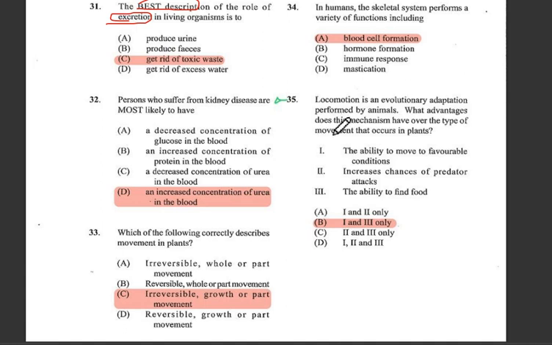So they're talking about locomotion, an evolutionary adaptation performed by animals, and what the advantages are. The advantages would be the ability to find food, and the adaptation performed would be the ability to move to favorable conditions. So the answer would be B for number 35.